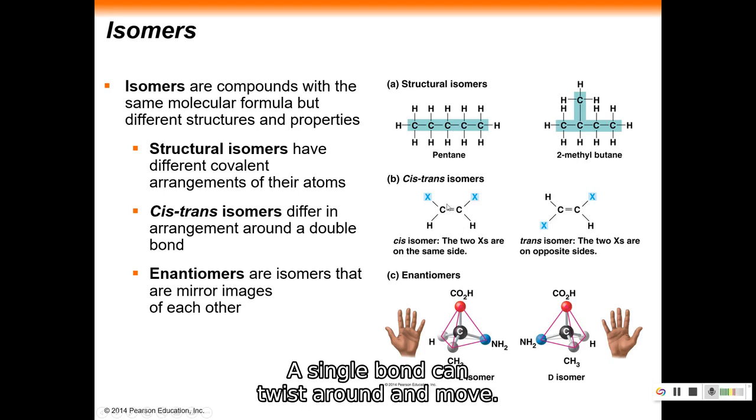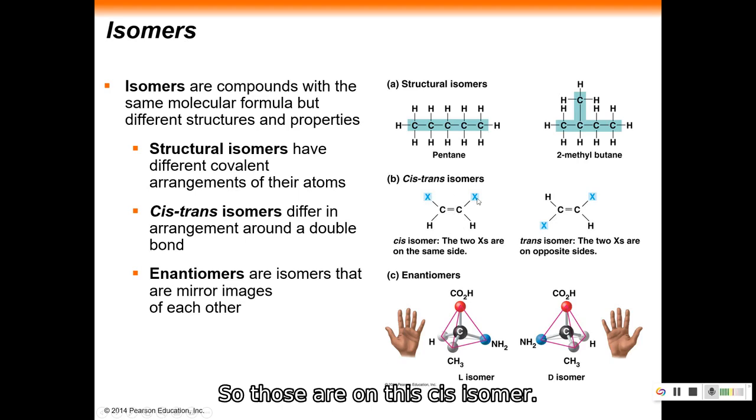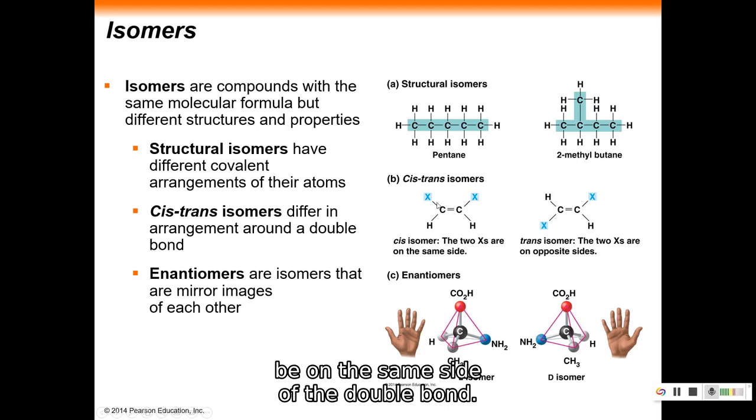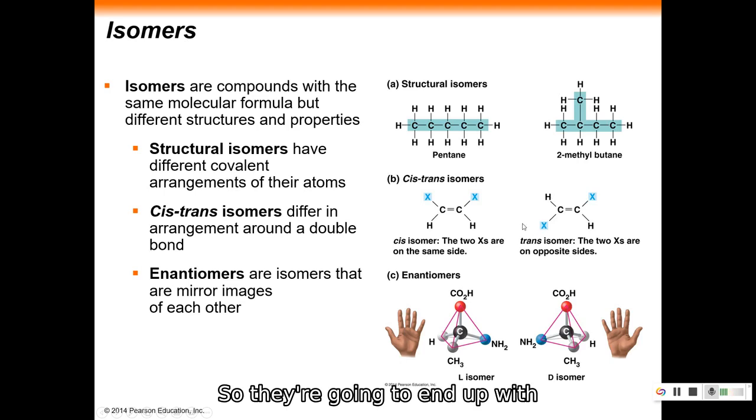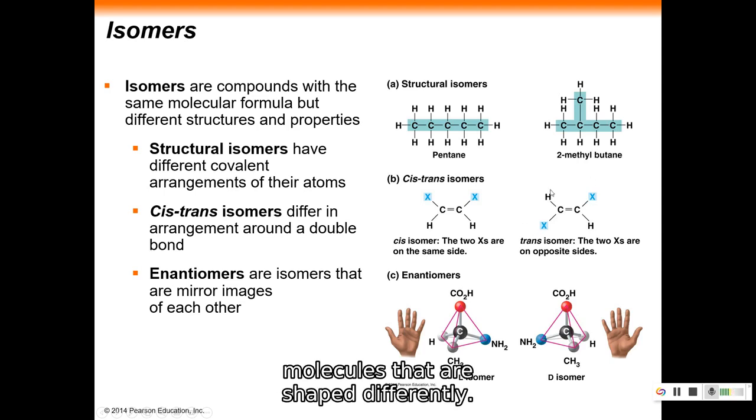So while a single bond can twist around and move, a double bond is fixed. So on this cis isomer, the X's are always going to be on the same side of the double bond. On the trans isomer, those X's are always going to be on opposite sides of the double bond. And those X's are going to be shaped differently than the H's, so they're going to end up with molecules that are shaped differently.